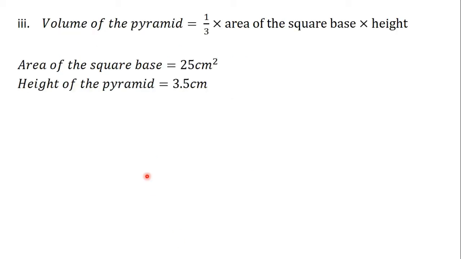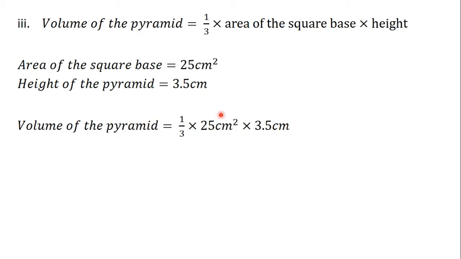In the first video on pyramids, we learned that the volume of a pyramid is equal to 1 divided by 3 times area of the base times height. Since the base of this pyramid is a square, it's going to be 1 divided by 3 times area of the square base times the height of the pyramid. We have found out that area of the square base is 25 centimeters squared and height of the pyramid is 3.5 centimeters.